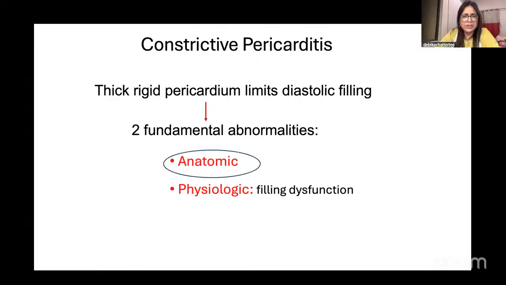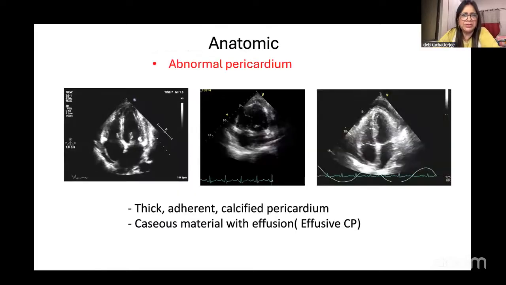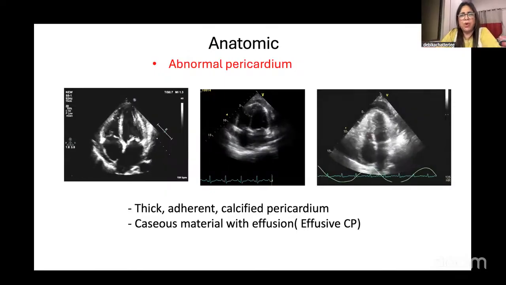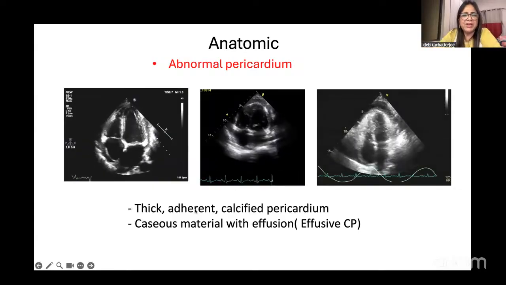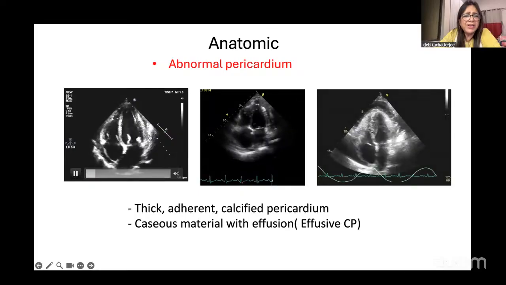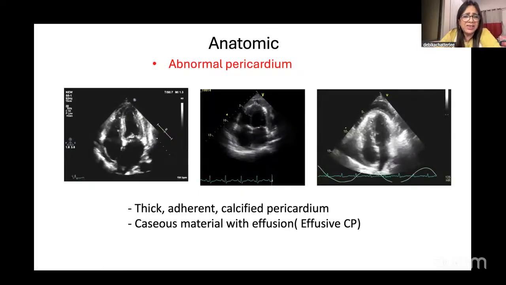So now let us look at the anatomic findings of constrictive pericarditis. What is the anatomic finding? It is the abnormal pericardium. What type of pericardium do we get? We get a very thick pericardium, which normally we can't even see.